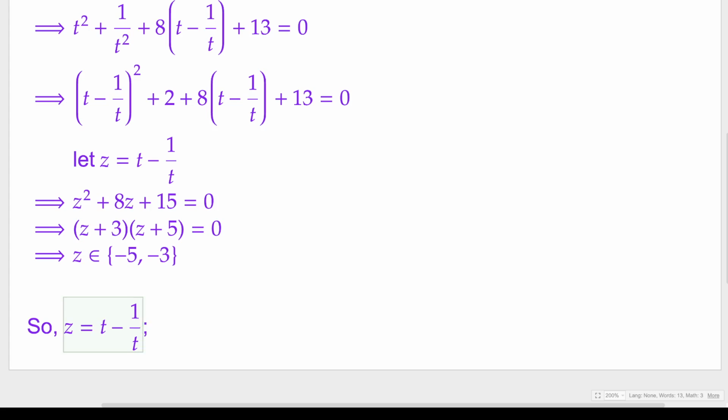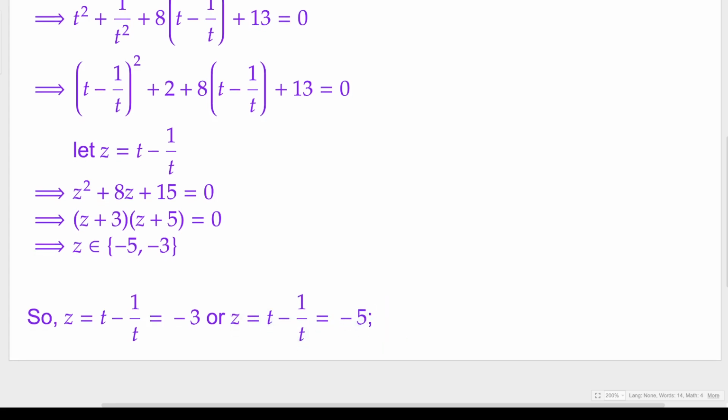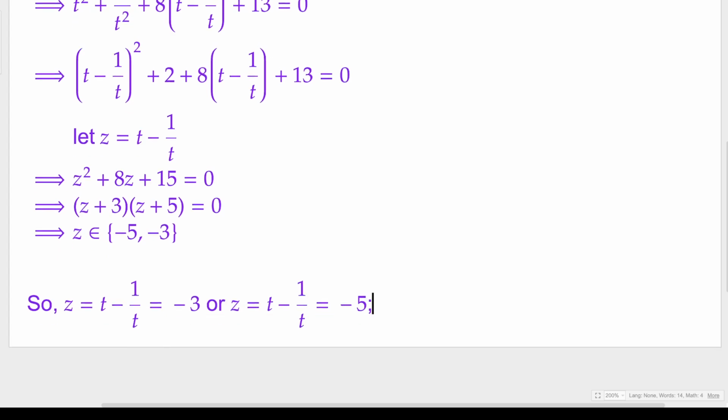So from this, if I solve this quadratic part and this quadratic part, this will further imply that t will belong to these four roots.